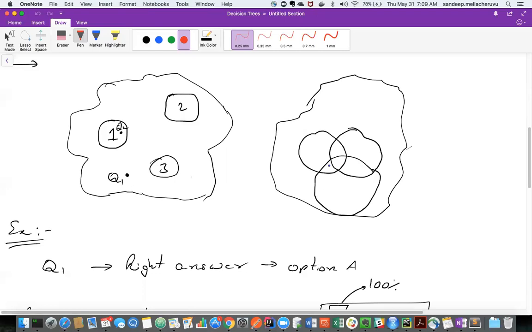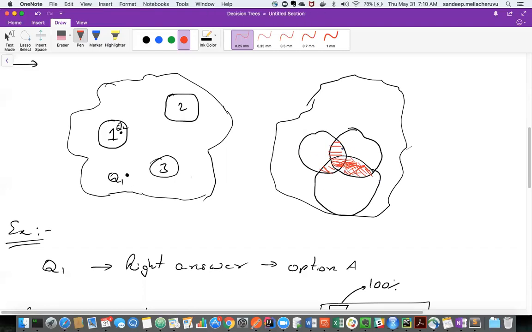Then the crowd is going to say the wrong answer. So for example, in this case, this is the area where the crowd can go wrong.